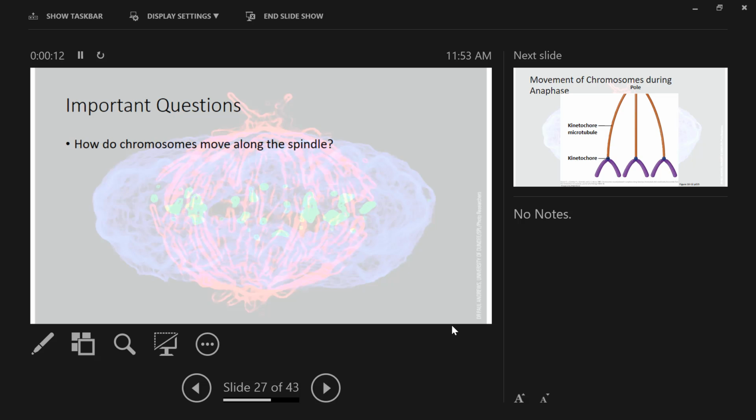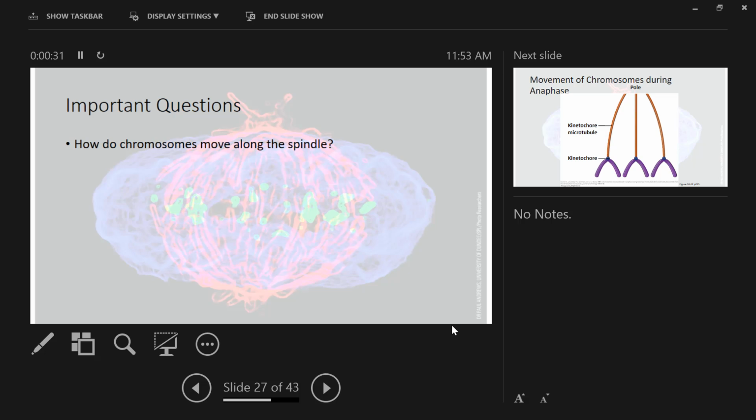So how do chromosomes move along the spindle? Part of this we've already talked about, right? The motor proteins. The same way anything moves along a microtubule, it is carried along by a motor protein.